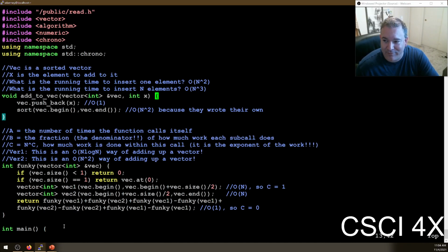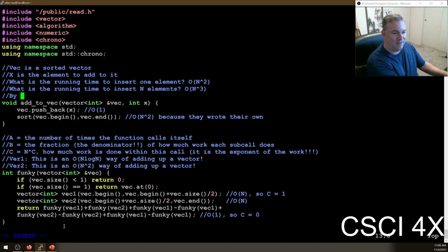So, is there a faster way of doing this? Yes. For one thing, you can call quicksort or whatever this is, right? So by using a faster sort, what's the running time?